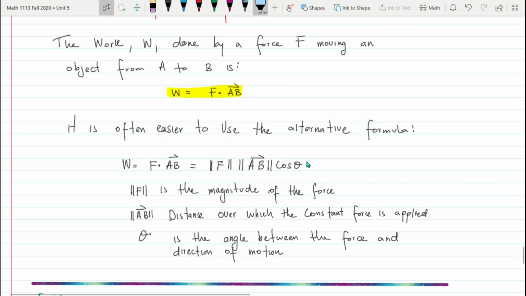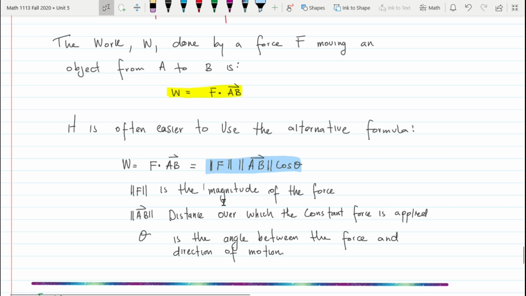The alternate formula is that you multiply the magnitude of the force. If it's given as a vector, you would like to find the magnitude of it, multiply times the magnitude of that vector times cosine of theta. Well, here below is the breakdown. So magnitude of F is the magnitude of the force.